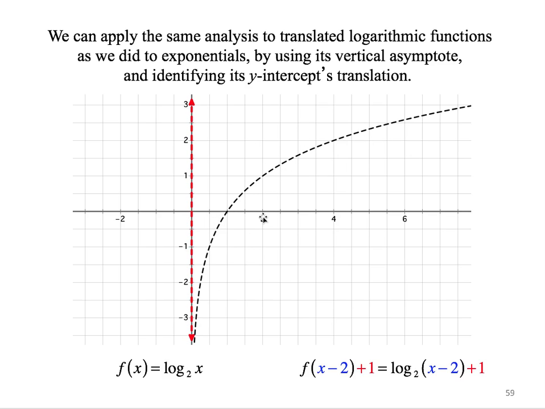You can see that for x is 2, y is 1. A logarithmic function will never have a negative value in its domain, at least an unshifted, untranslated logarithmic function. And so we have a vertical asymptote that in this case is the y-axis.